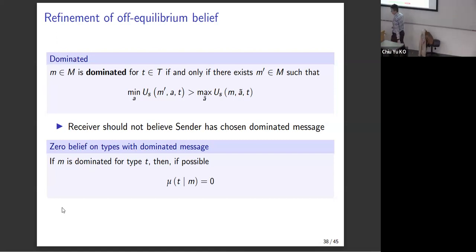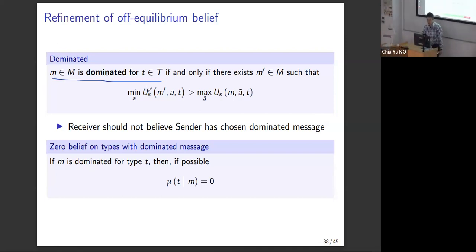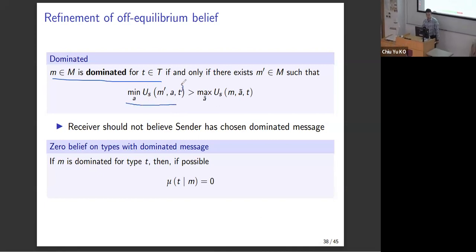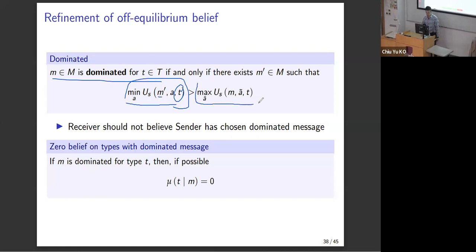We are saying a message M is dominated for some type if the best case scenario for that type when sending M is worse than the worst case scenario from some other choice. Sorry, let me say it again: M is dominated means that even in the best case scenario, it's worse than the worst case scenario.